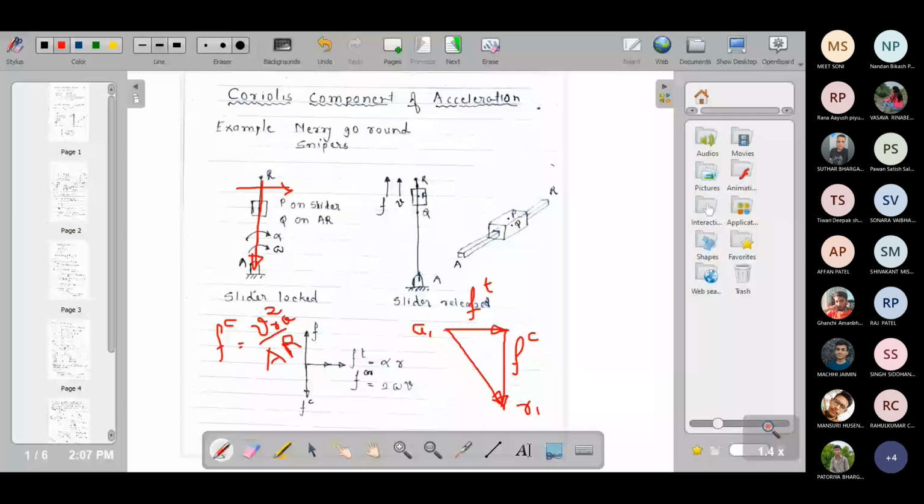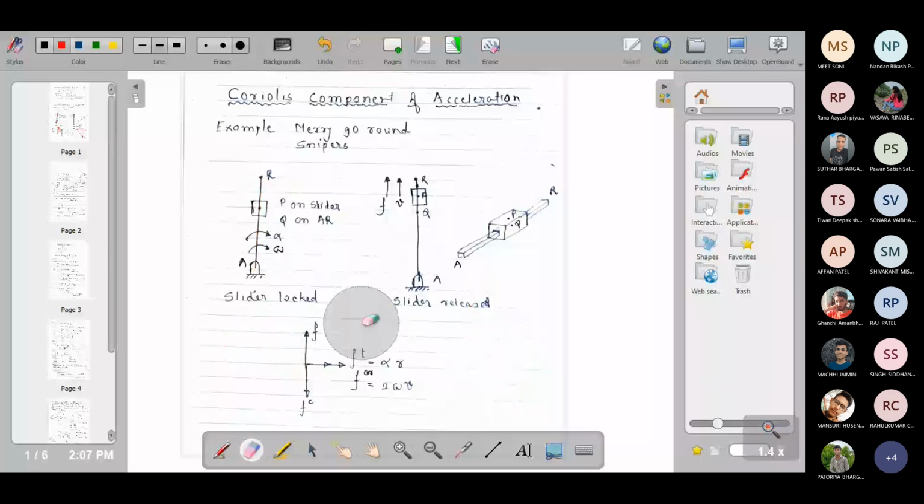We are not considering the slider right now. Any confusion? Okay, fine. It means you have two components: one is the tangential component, and the other is the radial or centripetal component.